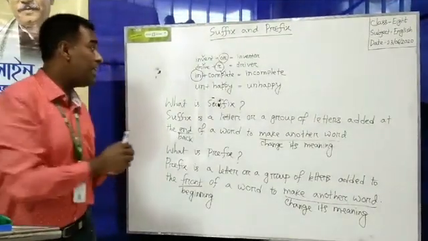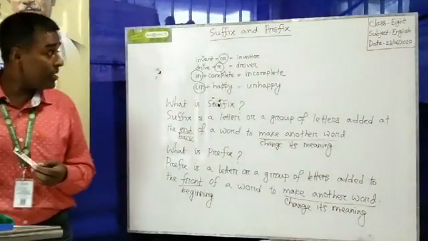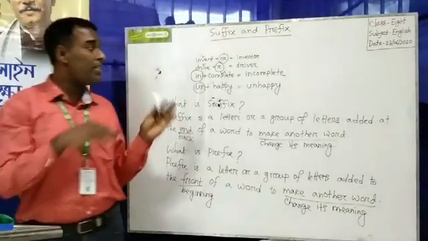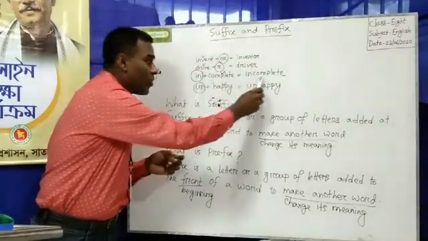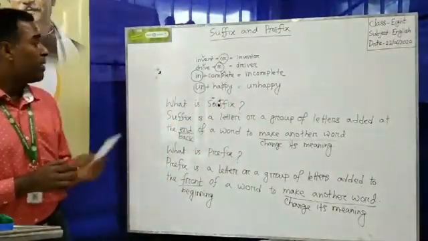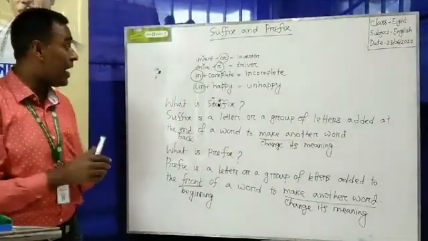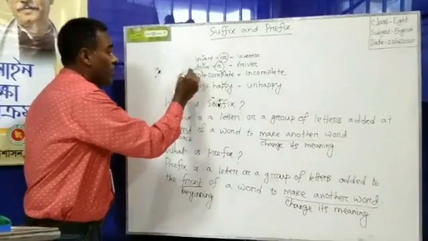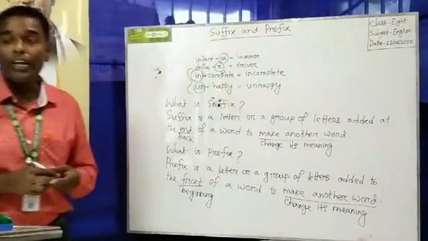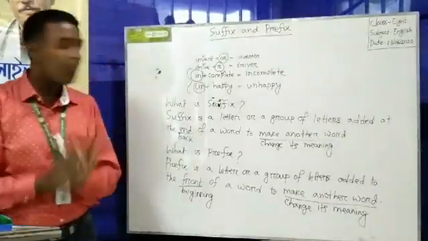We use here un at the front of the root word happy. That means the new words are incomplete and unhappy. When we add a letter or a group of letters at the front, that means at the beginning of the root word, they are called prefix.